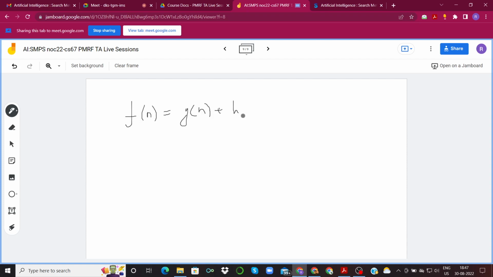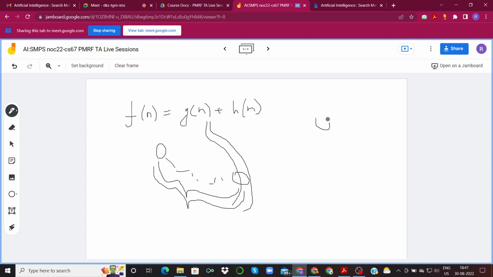So I'll elaborate on that a bit. For example, from a particular node, say you have found a partial solution. You have found some path, some partial solution until this point. So you actually know the actual cost of this part of the path. But here is your goal node, and you have an estimate of the cost of the path that could be from this node to the goal node.